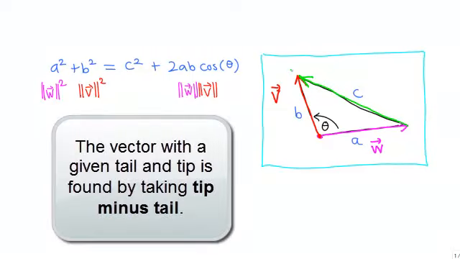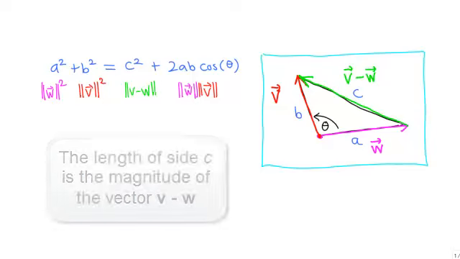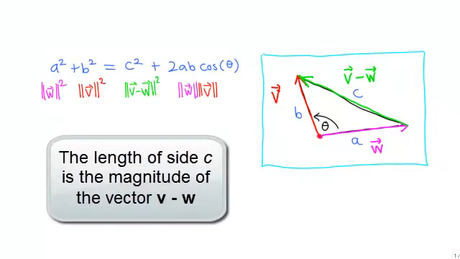If you know the tail of a vector and the tip of a vector, then the vector who goes between them is the tip minus the tail. So the green vector we've just drawn is the vector v minus w. And so the length of the third side of this triangle is nothing more than the length of v minus w. So we've filled in the formulas for A, B, and C. Let's fill in the rest of the equation.